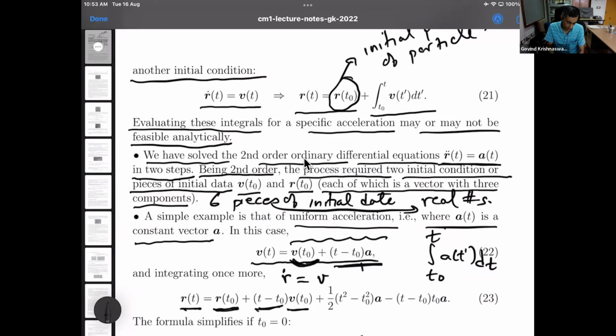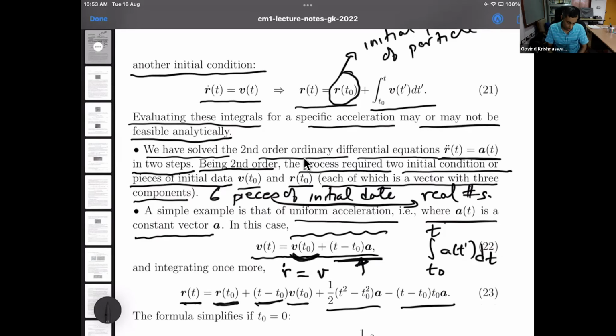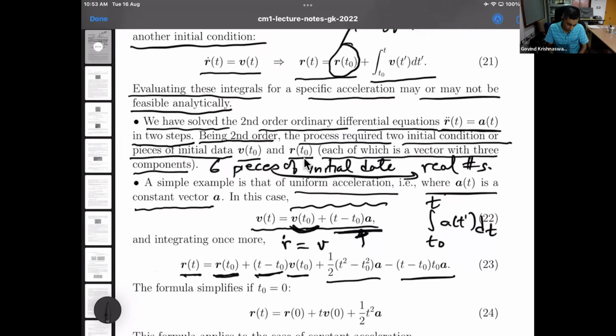And then you have to integrate this term. You have to write the integral and evaluate between the limits. And I claim that you will get 2 terms. One is one half t squared minus t naught squared times a, and then minus t minus t naught times t naught times a. I leave you to check that.